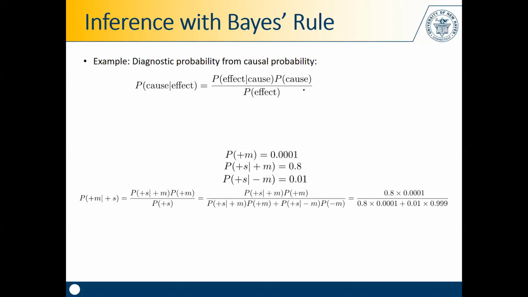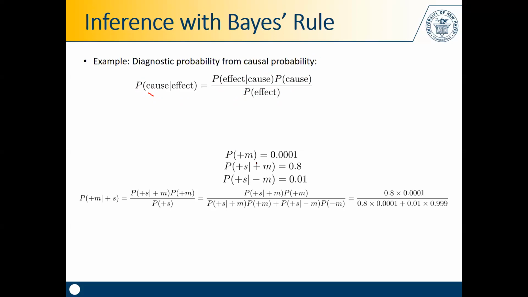We have the probability of migraines, and we have the probability of headaches. And we can use these to figure out whether headache corresponds to migraine or not. Does headache mean the patient has migraine or not?